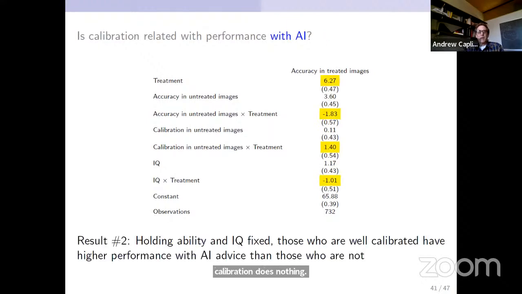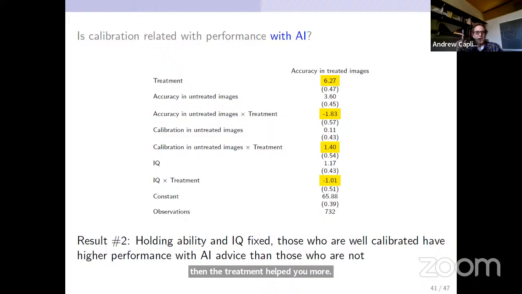But when you think about performance with the AI, we have the standard finding that if you were more accurate in the untreated images, then the AI helped you less. That's the minus sign. But if you are calibrated better, then the treatment helped you more.